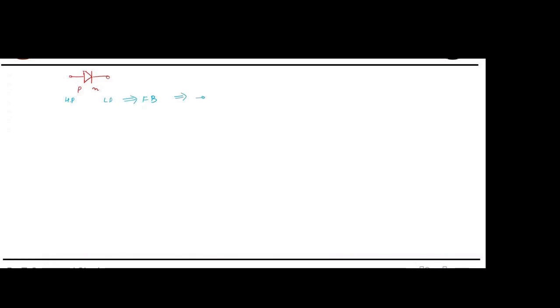Ideally, we said that the circuit is on, in the ideal case. Now, in some cases, if it is silicon, we just replace it with a voltage source of 0.7 volt. If it is germanium, we replace it with 0.3 volt.